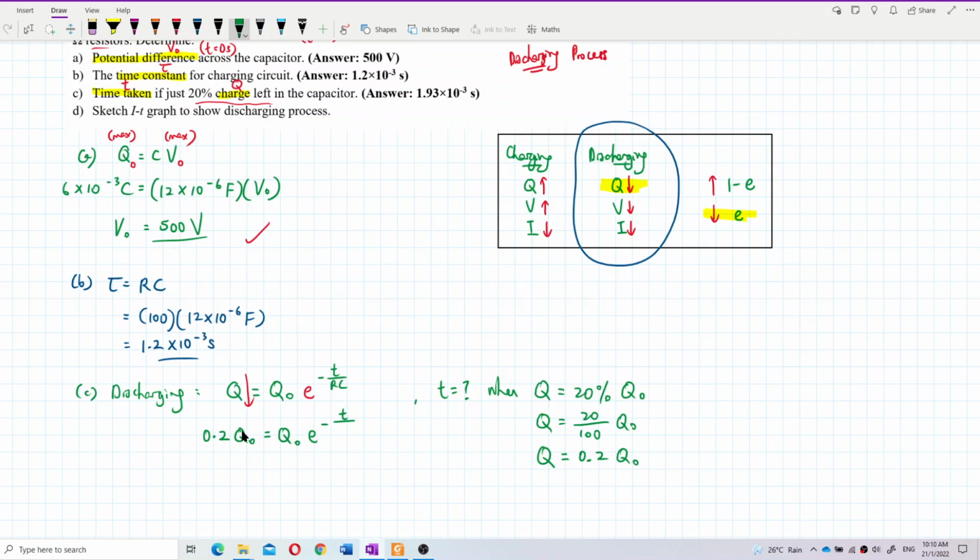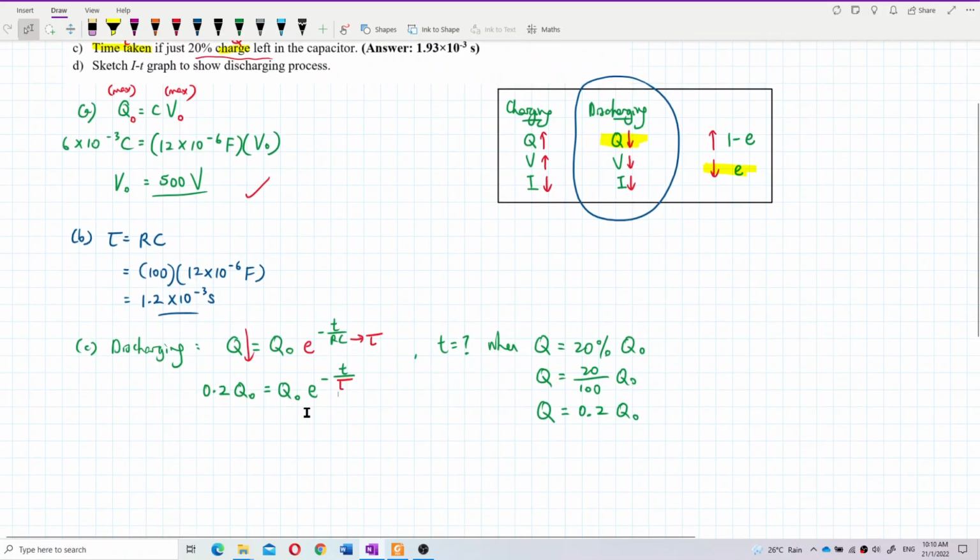This RC is actually the time constant. I change it into time constant because I already got it just now, so I don't need to substitute R and C again. Q is 0.2 Q naught, and I want to find the time.